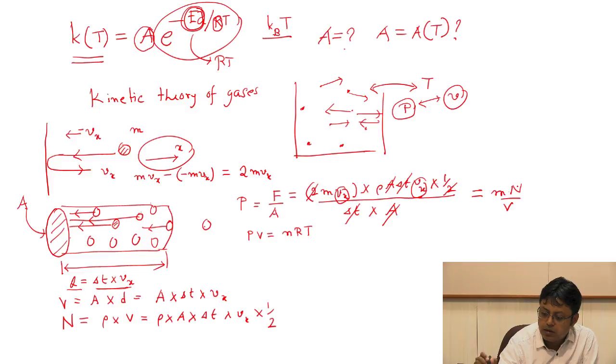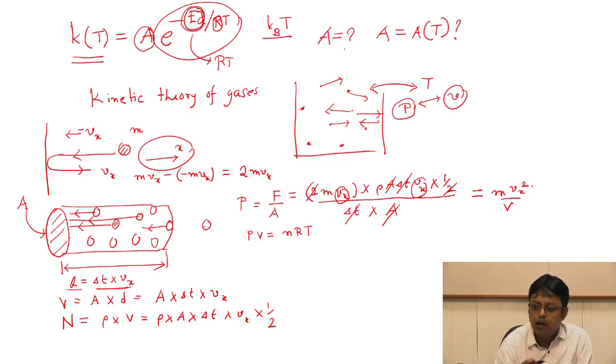So we are just multiplying it, just a minute, it will be m, rho was density, and we had m, and let us write this Vx square, and then we had a rho, and the rho we are writing as N by V. Now we know that PV is equal to nRT, and what is n? n is just the number of moles, so which means it is definitely N divided by Avogadro number.